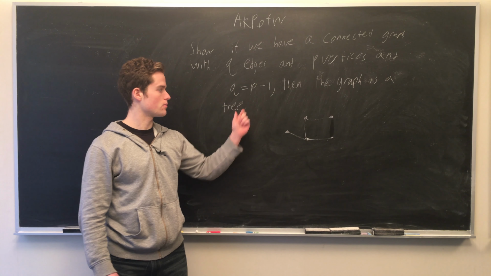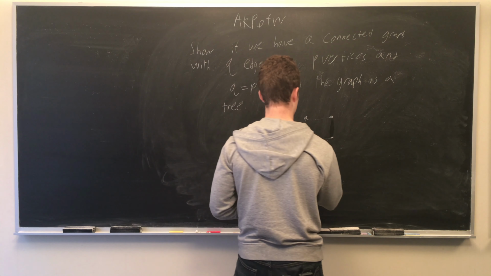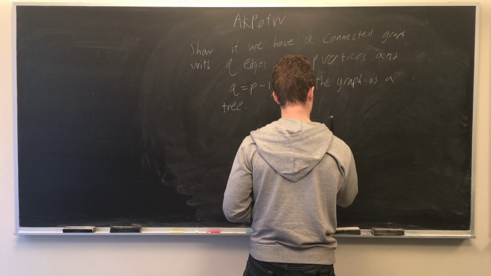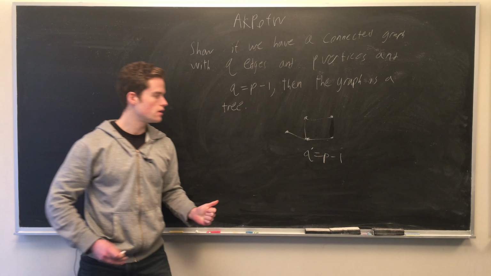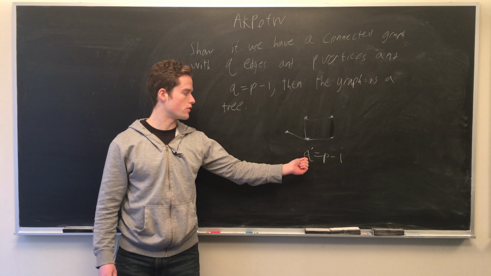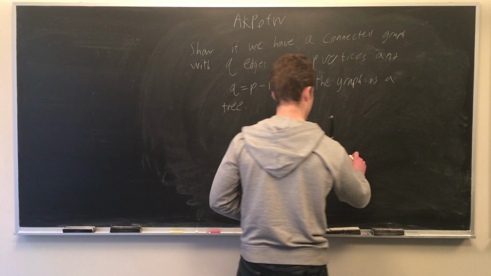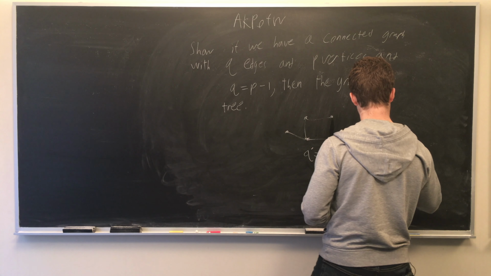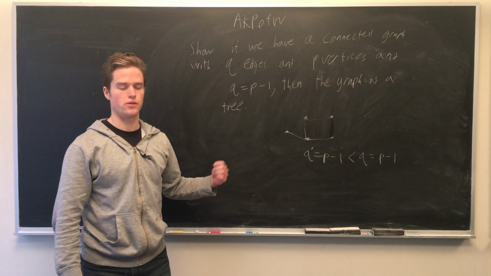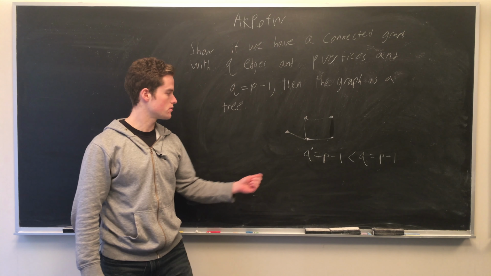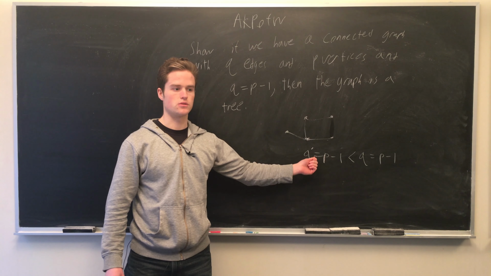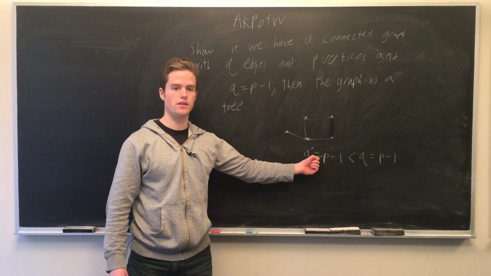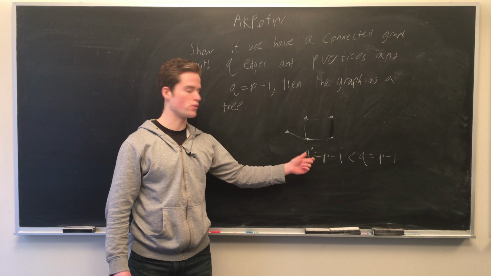And so using our theorem, we know that upon removing all our cycles, we're left with q modified equals p minus 1 in our newly made tree.